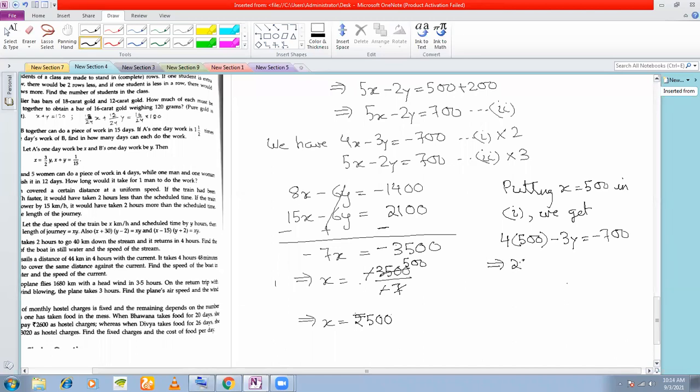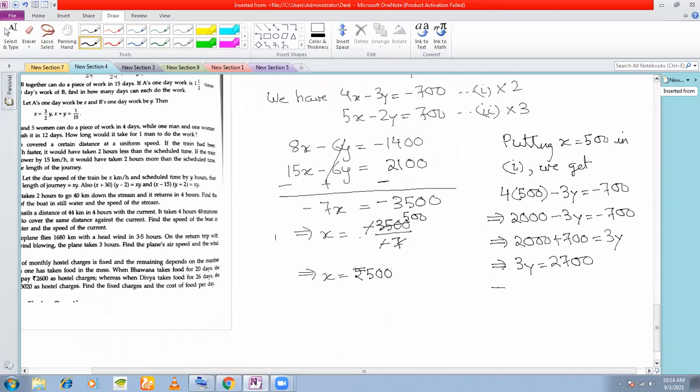So you get here 2000 minus 3y is equal to minus 700. So you get 2000 plus 700 is equal to 3y. Means you get 3y is equal to 2700. That means you get y is equal to 2700 by 3.